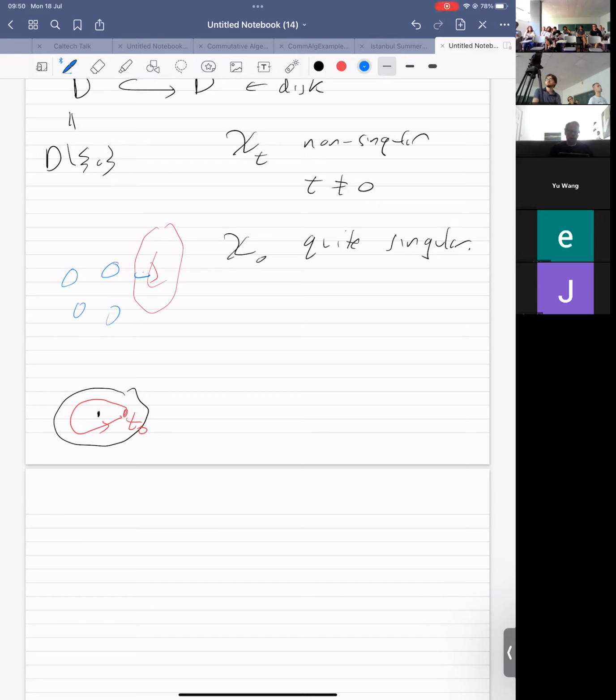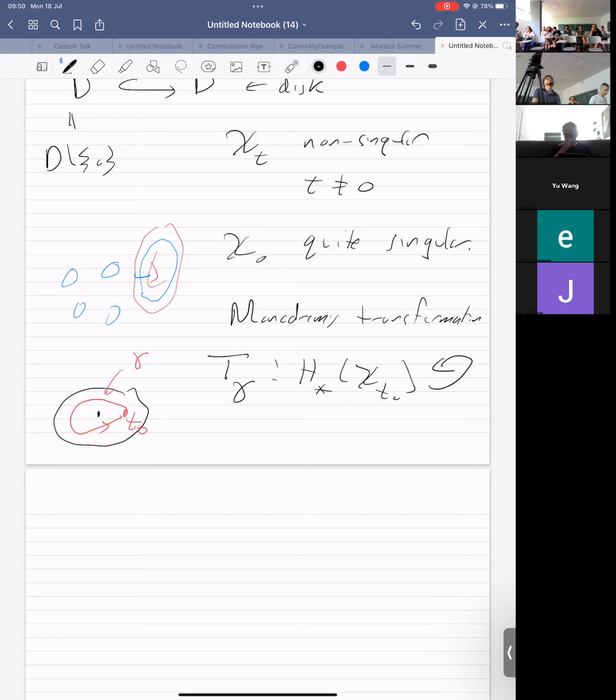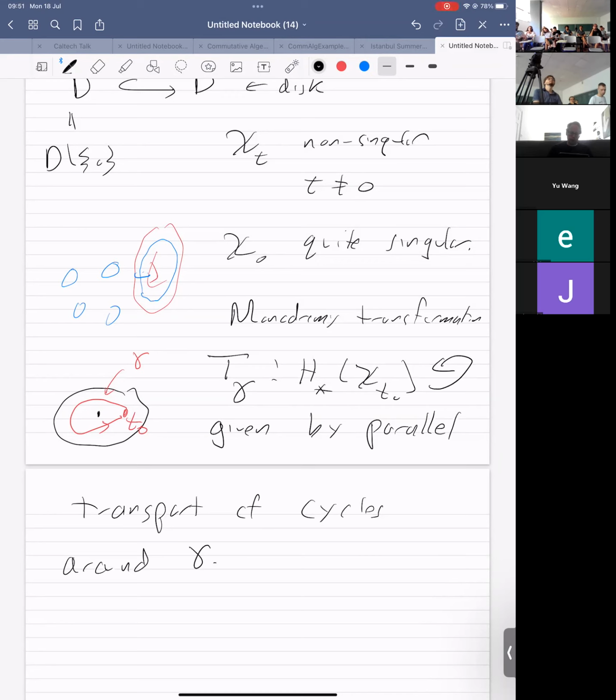And when you get back, you might find you come to a different cycle. This gives what's known as a monodromy transformation. If we call the loop gamma, we get a monodromy transformation T_gamma, going from the homology of X_{t_0} to itself. This is given by parallel transport of cycles around gamma.